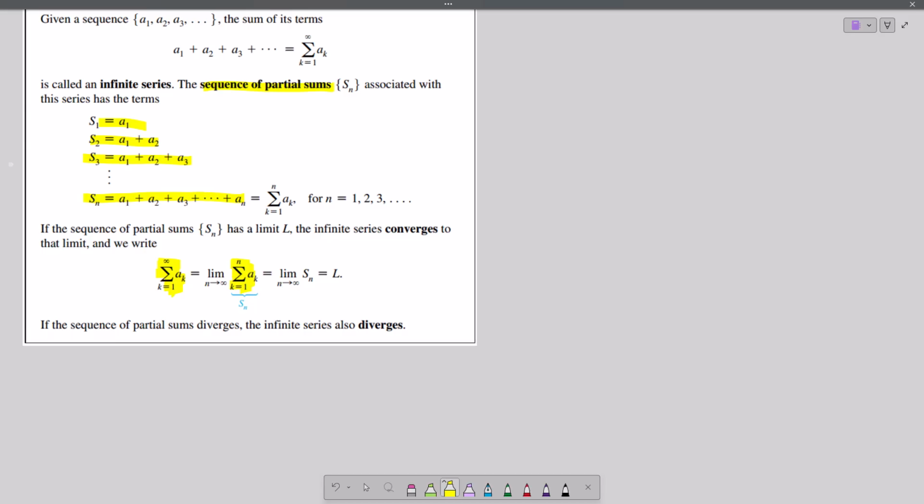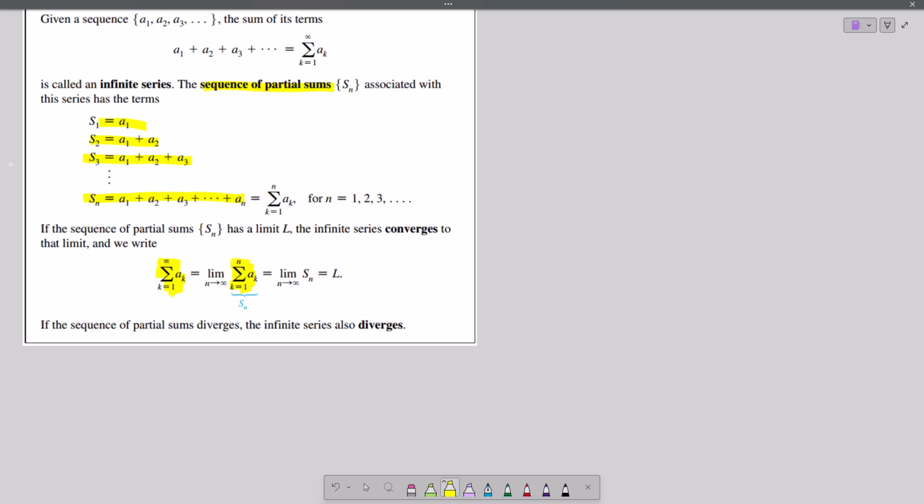And then we took the limit to find the entire area. Same idea here. We look at the front end like we looked at a definite integral. This is going to be a function of n, because there's an n right there. And then we just take the limit of that function of n. If we get a number, the series converges. If we don't get a number, if the limit doesn't exist, then the series diverges.